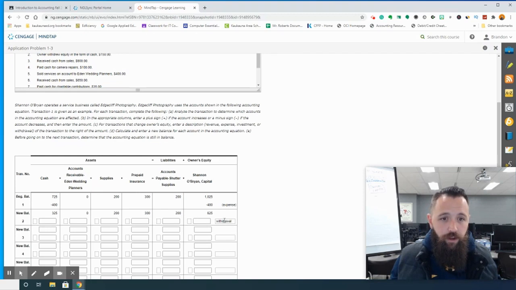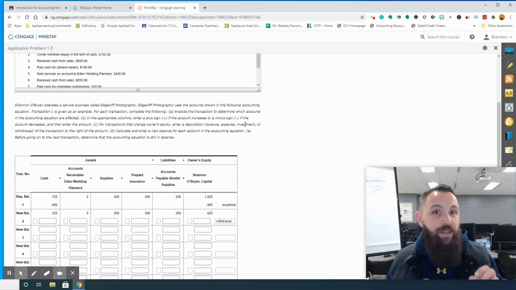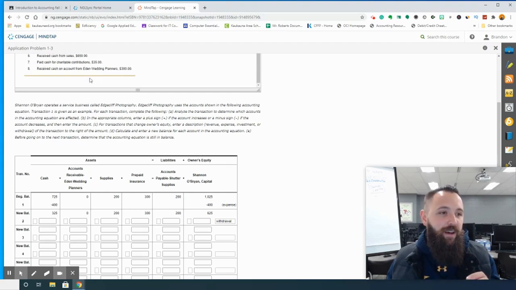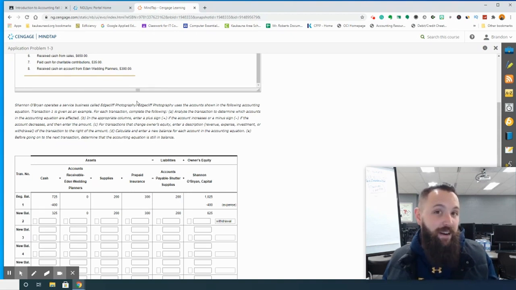Okay. So you're going to use expense, withdrawal, revenue, or investment. Please remember that when we sell services on account, it's still a revenue. All right. And when a company pays cash on account, like this number 8, received cash on account, that's not a revenue.